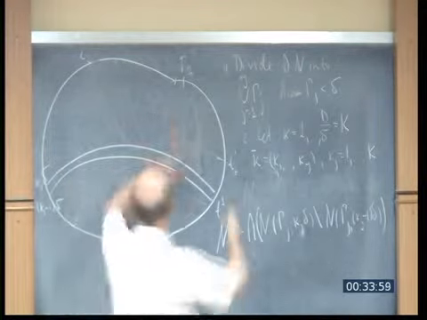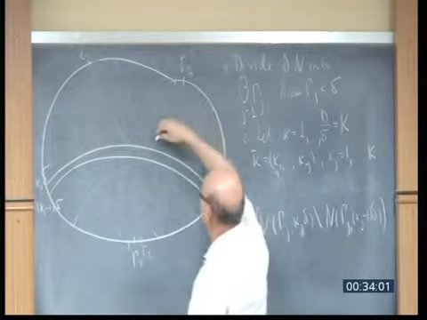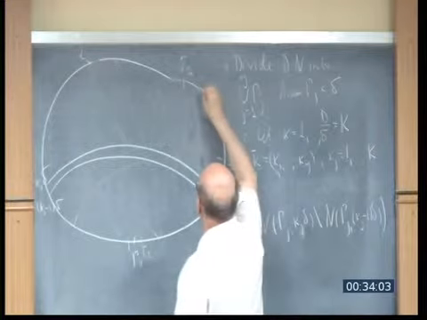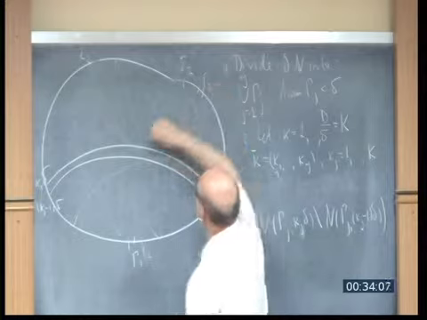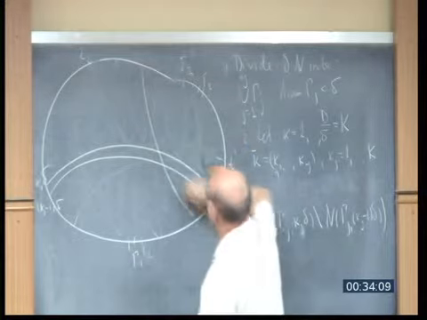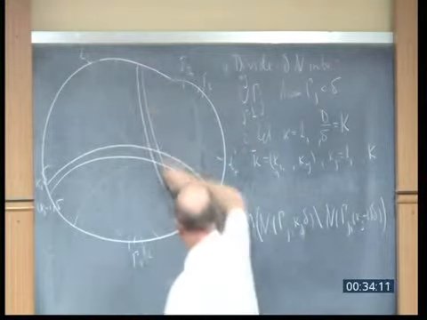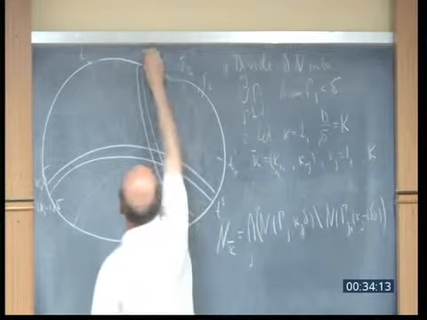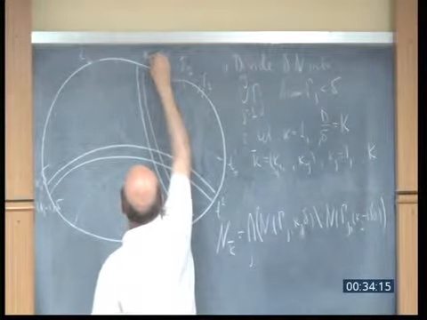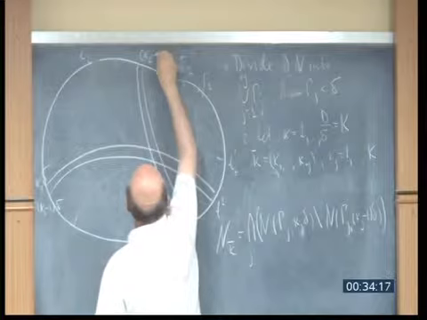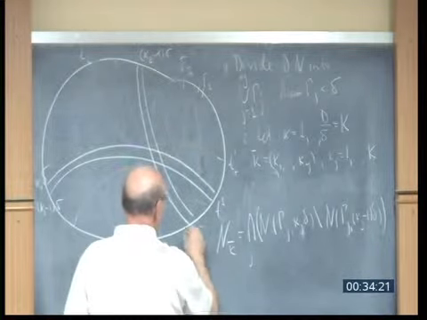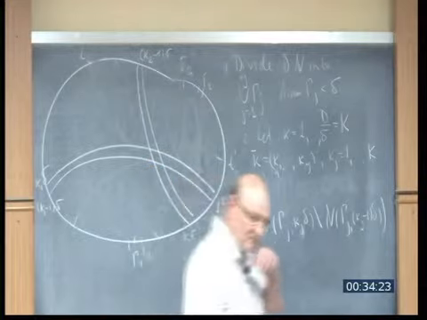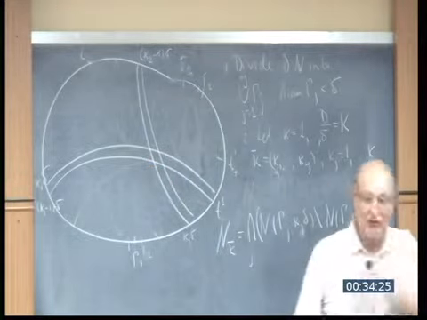Then take another, and let me put it here, Gamma 2. So that will be something like that. This will be k2 minus 1 delta, and this will be k2 delta. So these are two layers.